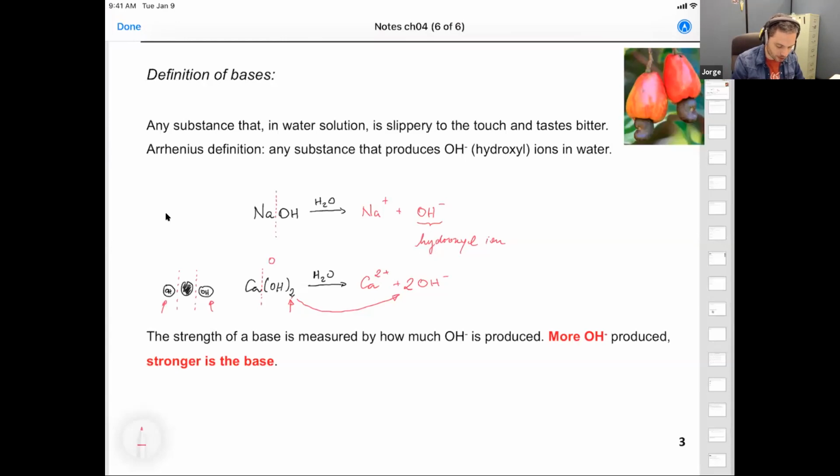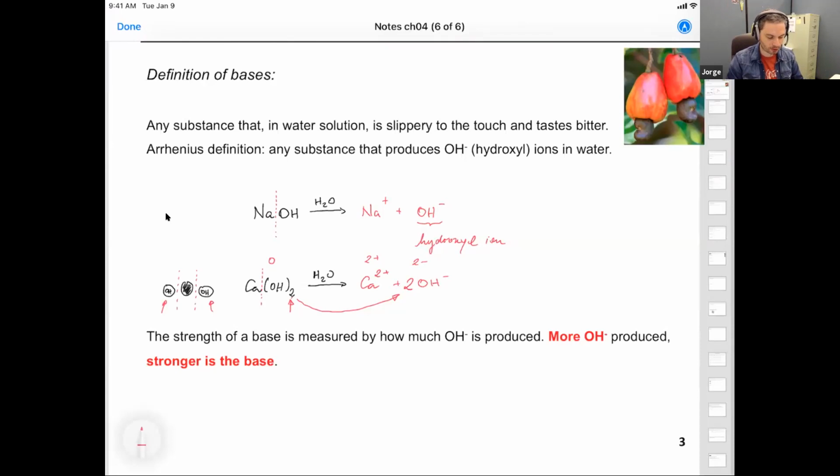Once the interaction is broken, we have calcium 2 plus. To balance the 2 positive charges, we need 2 negative charges, and each hydroxyl is only 1 negative charge. That's why we need the number 2 here. The net charge at the beginning has to be equal to the net charge at the end. 2 plus will be neutralized by 2 minus.